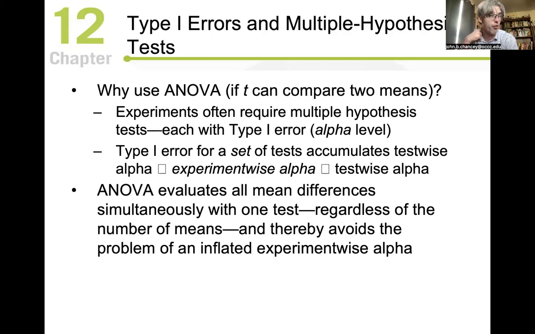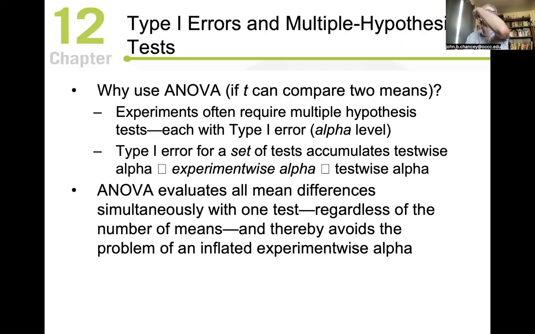So why do we use ANOVA again? If a t-test compares two means, why do we use ANOVA? Basically, every time you run a t-test, you increase your alpha level by the level of the alpha you set. So if we're running multiple t-tests instead of one because we have three comparisons, we're going 0.05, 0.05, and we're adding that up.